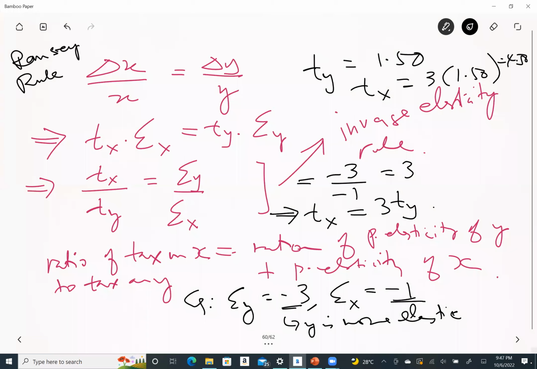His name is Ramsey, so he was the person who came up with this inverse elasticity rule. But we don't really discuss the Ramsey rule because from the Ramsey rule we have the inverse elasticity rule. So our focus will be more on the inverse elasticity rule. Okay, all right.